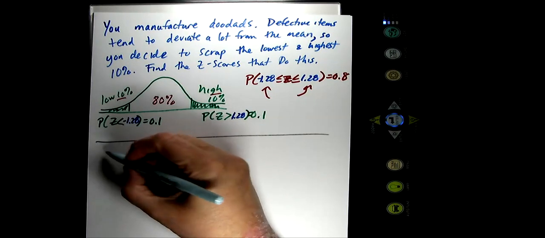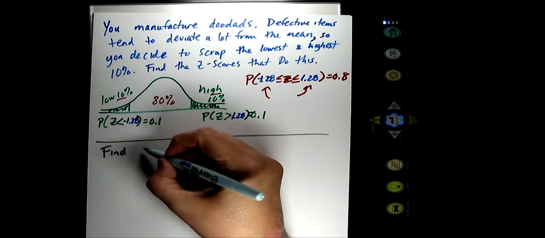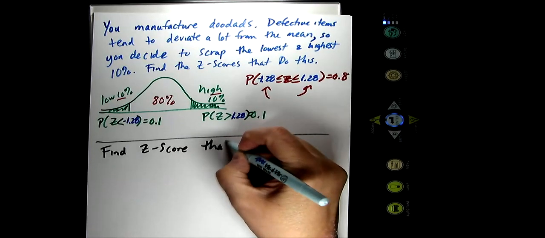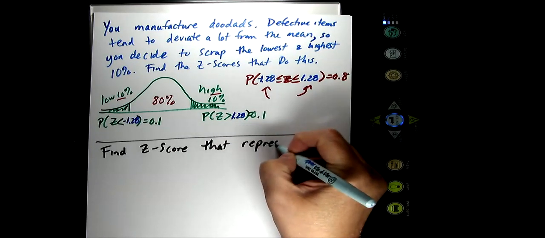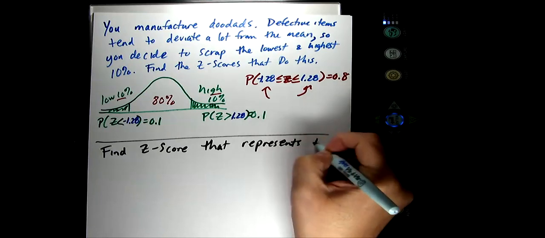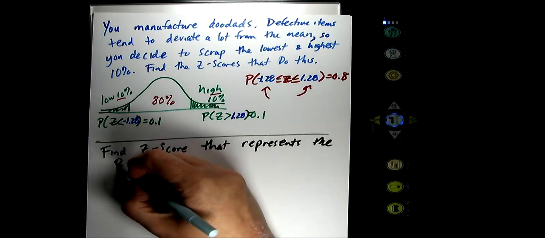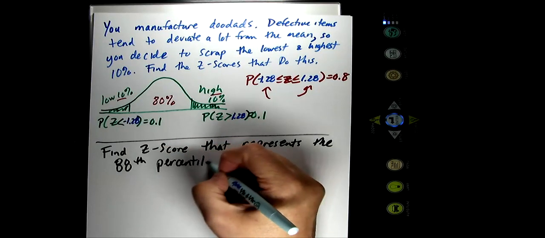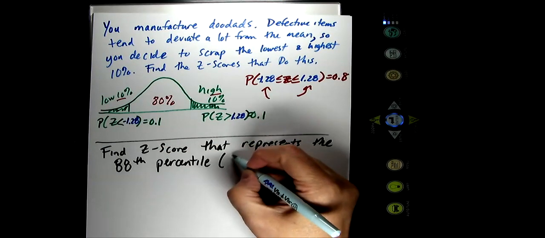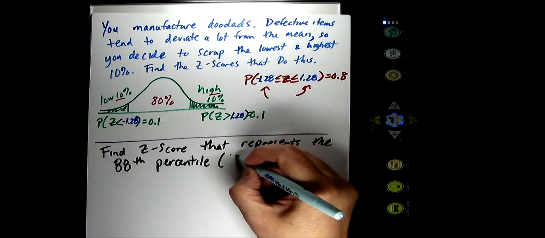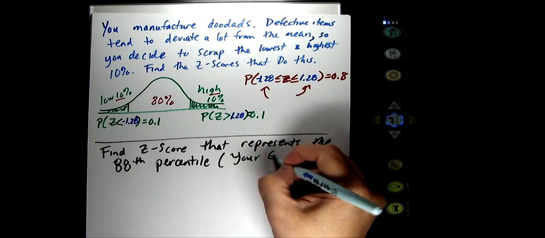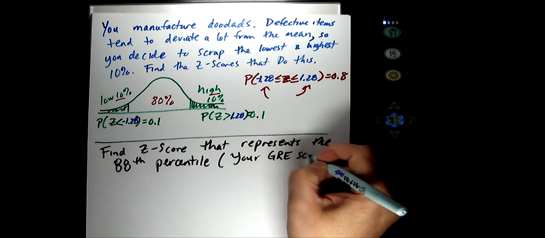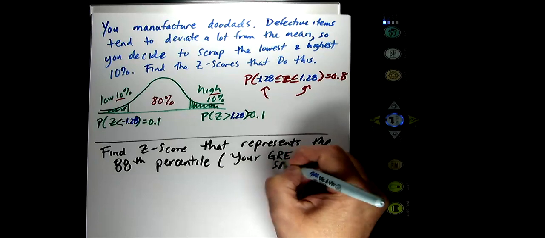Find the Z-score that represents the 88th percentile. Let's say you took the GRE, or SAT.